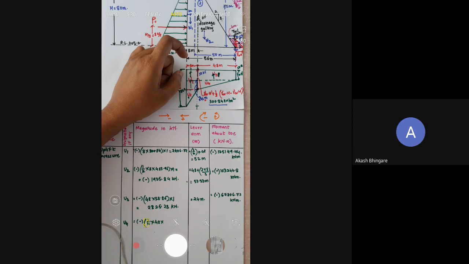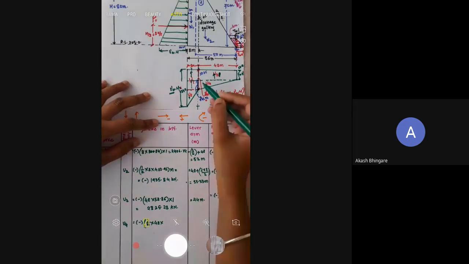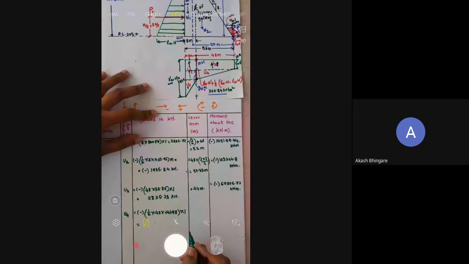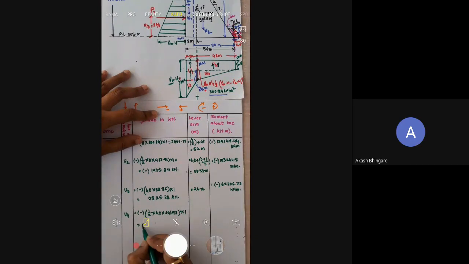Okay. So 48 multiplied by this ordinate, as we have said, it is 241.98 into 1 as the length. Okay. So write down the value of U4. Accordingly, take the moment about toe, which will be acting at CG.